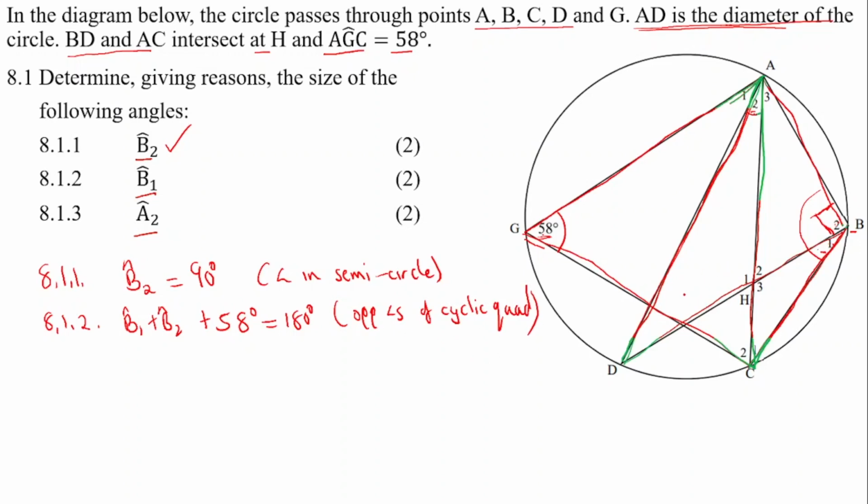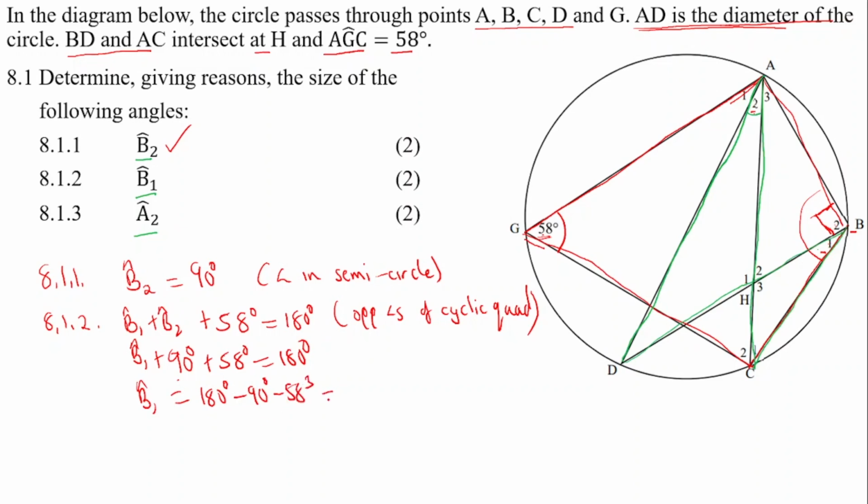Opposite angles of a cyclic quad are supplementary, and so angle B1 plus angle B2. We know angle B2 is 90 degrees, so this is 90 degrees plus 58 degrees is equal to 180. So angle B1 is equal to 180 degrees minus 90 degrees minus 58 degrees.